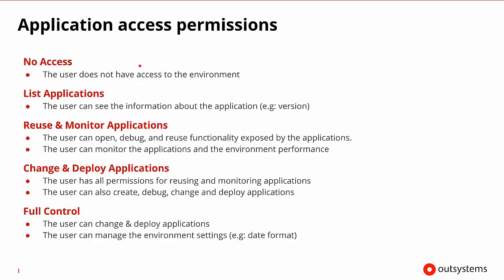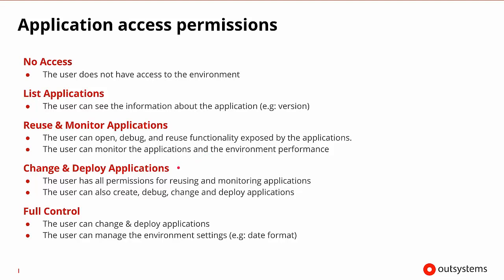So the application access permission is no access, which means that that particular user won't have any access to the applications in that environment. A listing, where they can just see the information about which applications exist. Reuse and monitor, where they can actually open, debug, and reuse the functionality that's there, or they can monitor the functionality that's there, but they wouldn't be able to change things or modify them.